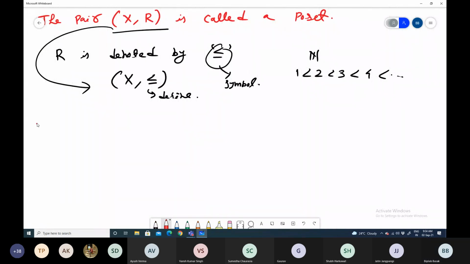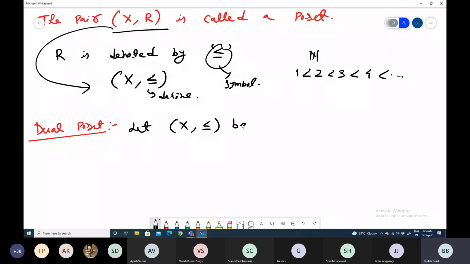Now there is a concept called dual poset. Dual poset. So let (X, ≤) be a poset. Now see, this is my symbol.